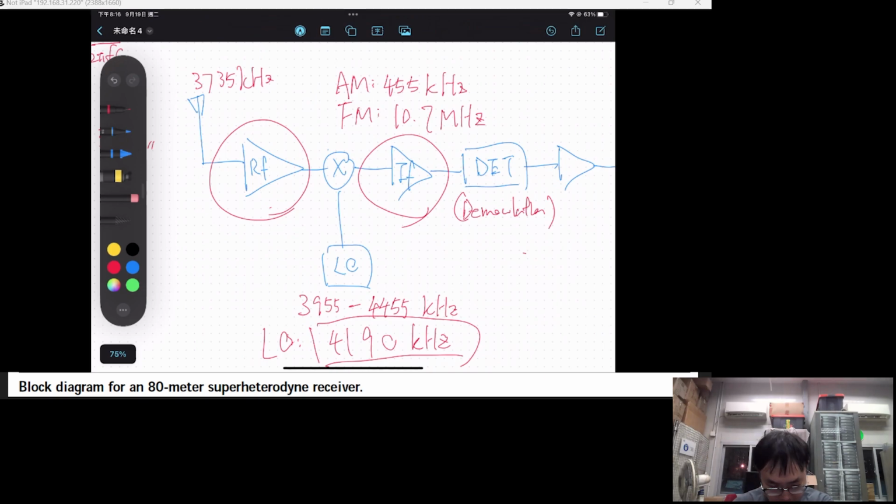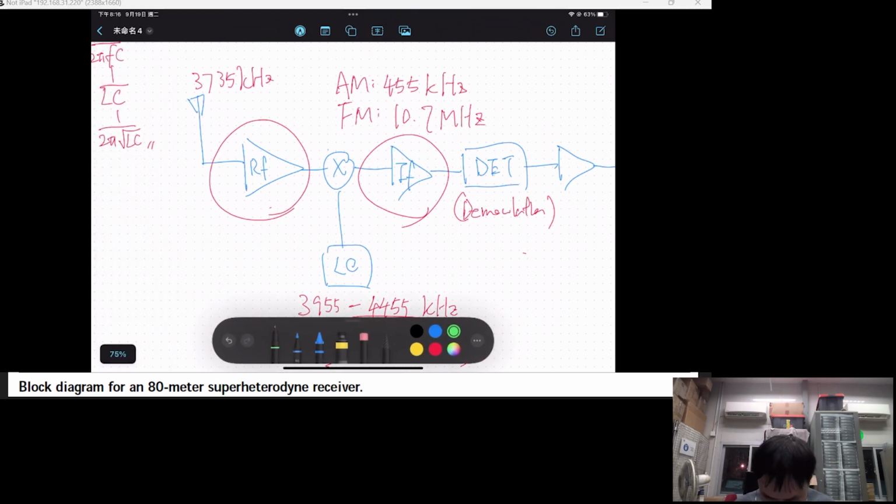Okay? But it means it has another problem. What if I now have a signal at 4,645 kilohertz?